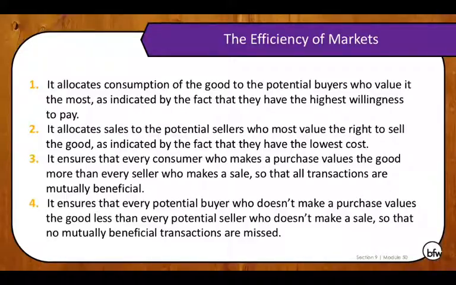And 4, it ensures that every potential buyer who doesn't make a purchase values the good less than every potential seller who doesn't make a sale, so that no mutually beneficial transactions are missed.